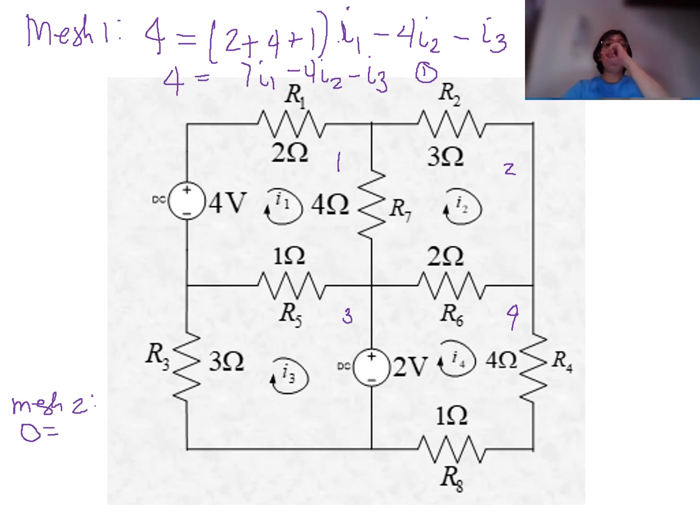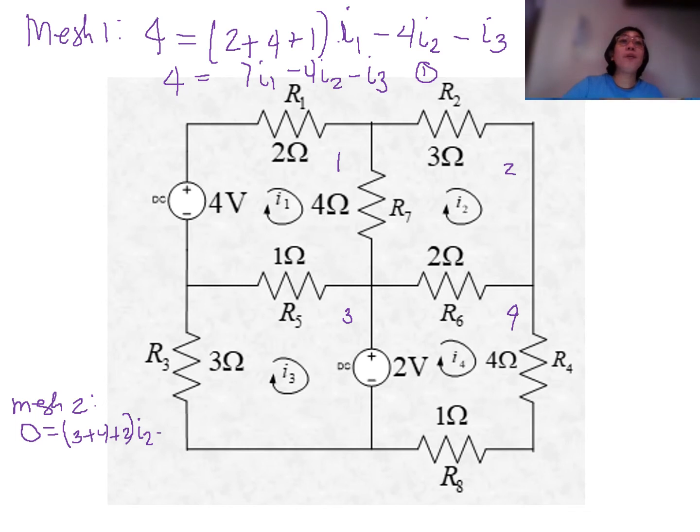So 0 is equal to, okay, so all resistors connected to mesh number 2, we treat them as positive. So that is 3 plus 4 plus 2 I2. Okay?